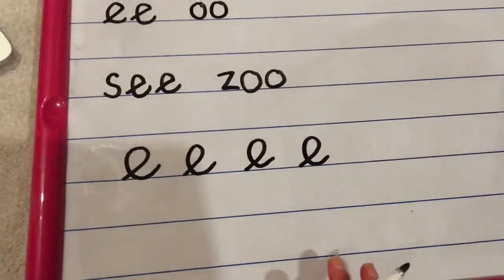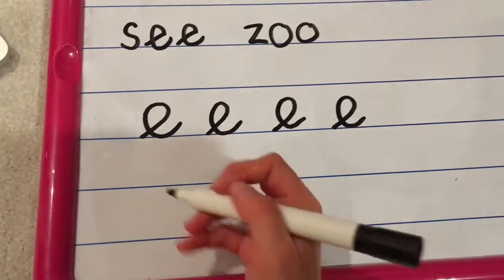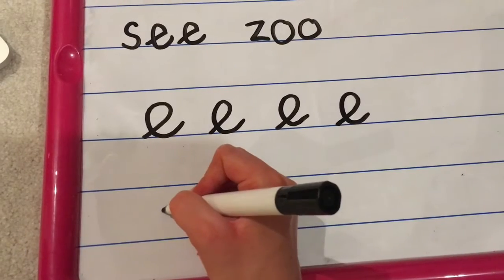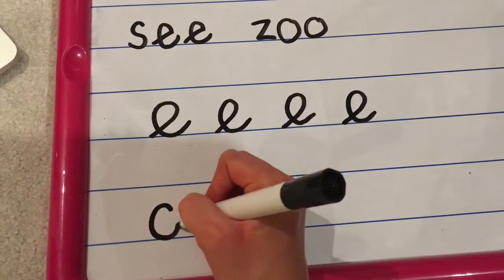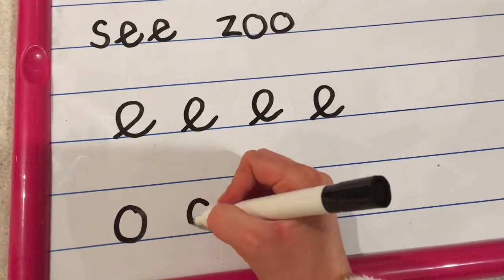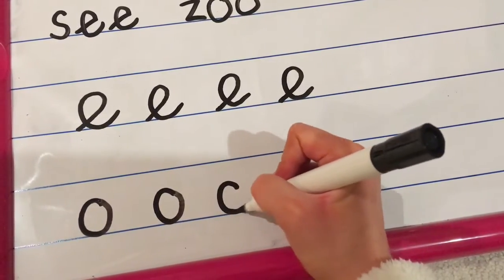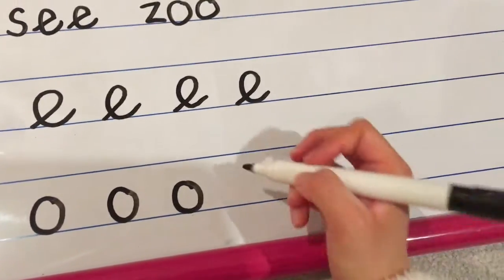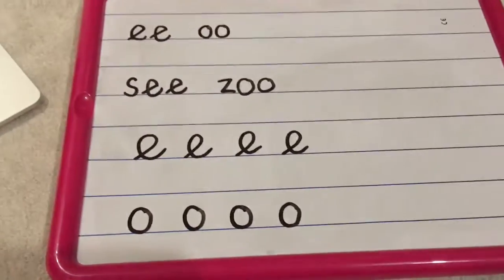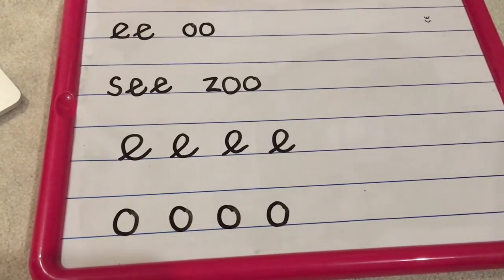If you're ready, though, we will move on to our O. So to make an O, we want to start about halfway between the 2 big lines and go all the way around, touching that bottom line as I go, all the way around. Okay, so that would be how to form our 2 important letters for this week.